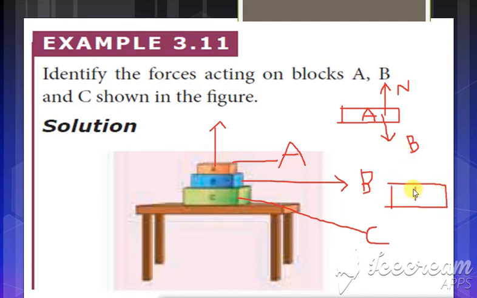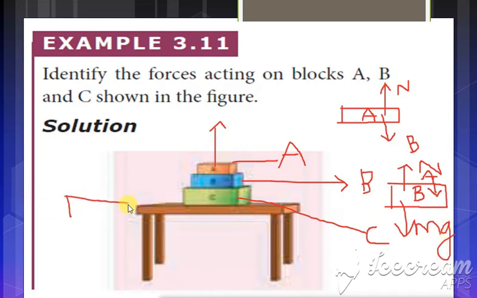Next is the force on B. So when you consider the block B, there is an upward force which is the normal force. Then it has a force due to block A. Then the downward force that is due to gravity, which is m into g. Okay.